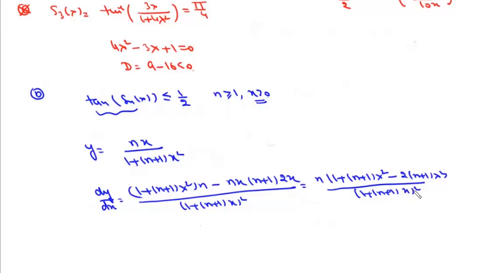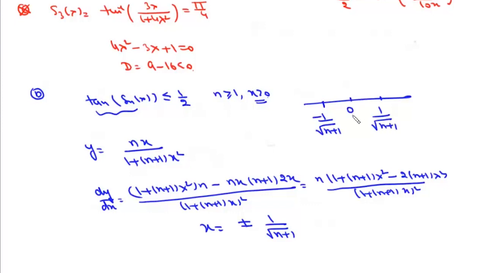Now we solve this, we'll get two critical points, plus or minus 1 upon under root of n plus 1. Now it will be minus 1 upon under root n plus 1 and plus 1 upon under root of n plus 1.